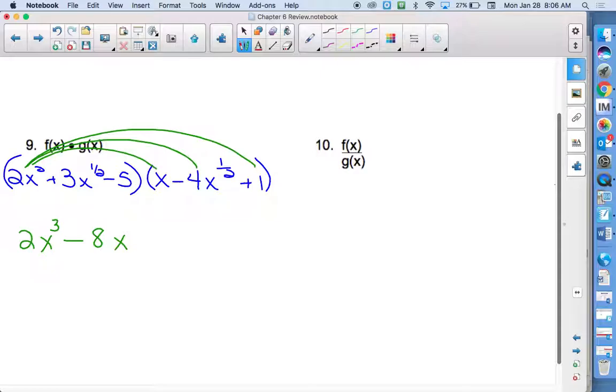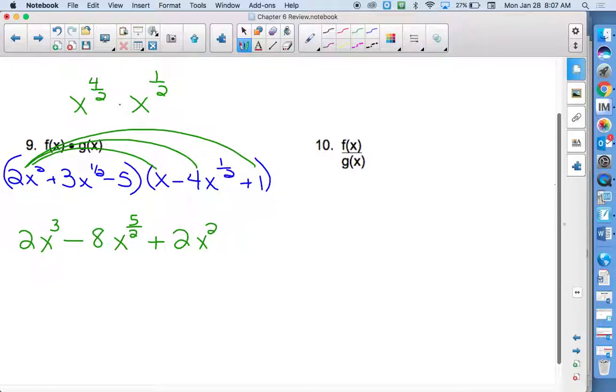What do you do? 5 over 2. Yeah, so you need to add the exponents. So x squared is really 4 over 2 times x to the 1/2. So you're adding those exponents. It's a little tricky because you have a whole number and a fraction you're adding together. So that would be x to the 5 halves. And then Julia, 2x squared times 1 is just 2x squared. So that's the first term.